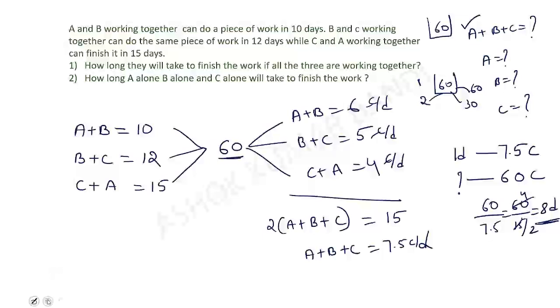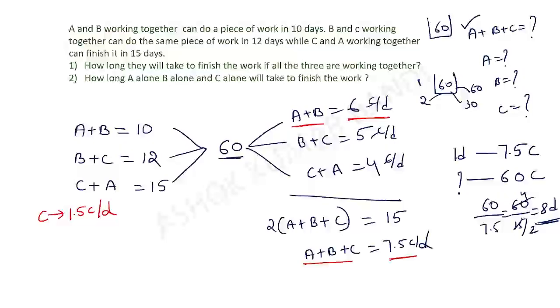Okay. Now similarly, we need to find out the C value also. We know that ABC can eat 7.5 chocolates in one day, and AB can eat only 6 chocolates in one day. That means C can eat an extra 1.5 chocolates in one day. See, ABC 7.5, AB only 6.